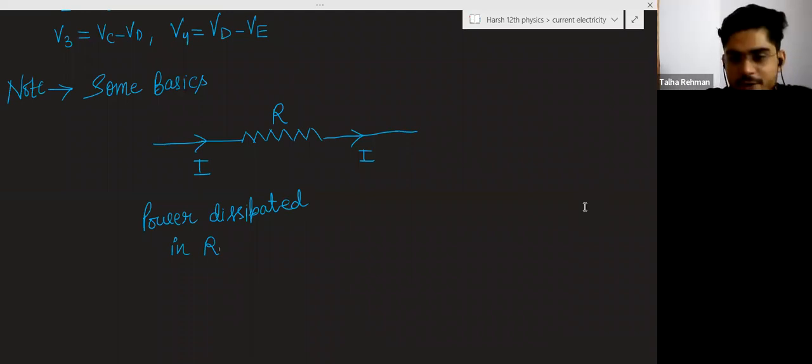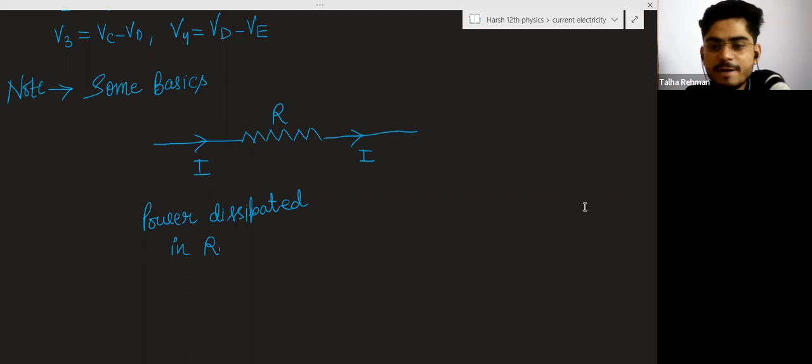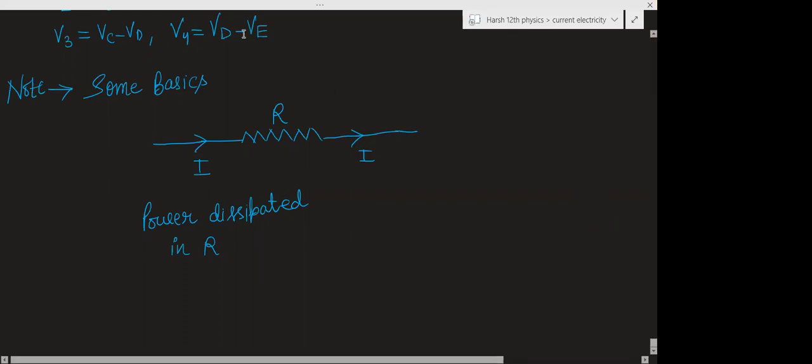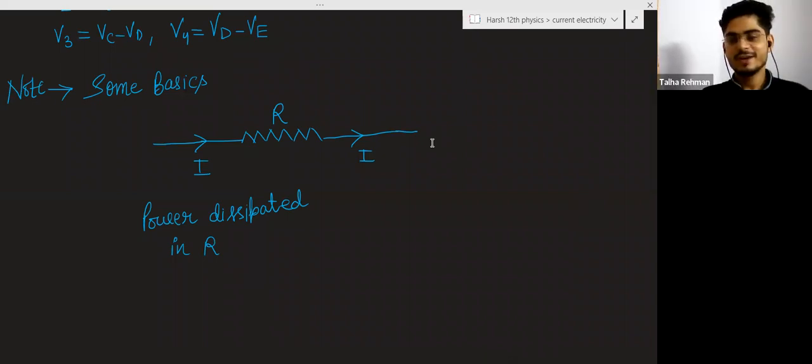So what is happening when the current flows? Current is the flow of charge. Current is a flow of charge carriers, and in drift velocity we have seen that in a conductor the electron is the charge carrier.